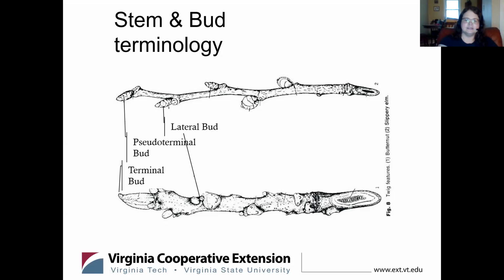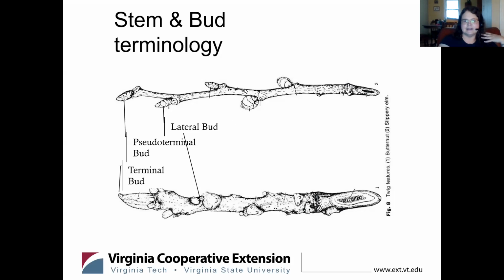Lateral buds are further down. This is where branches have the potential to grow from. If you cut off the terminal buds, by pruning them off or some other technique, the lateral buds directly below will grow out and you'll have new branches.